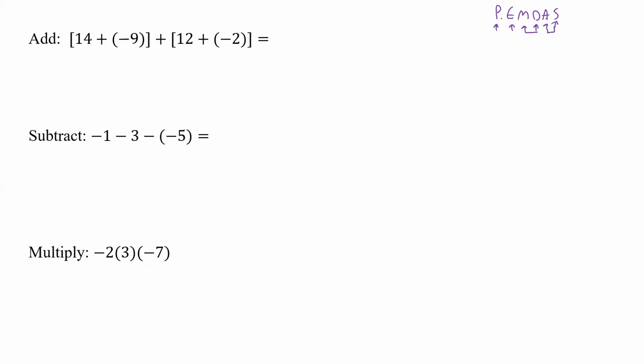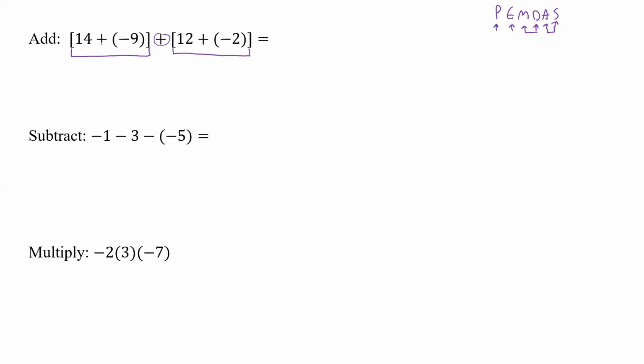Those go together, and we work from left to right. And so when we work in here, we're going to work from left to right. We have to look inside this set of brackets, and then inside of this set of brackets, simplify that, and then simplify that, and then we can do the operation here in the middle, which is add.